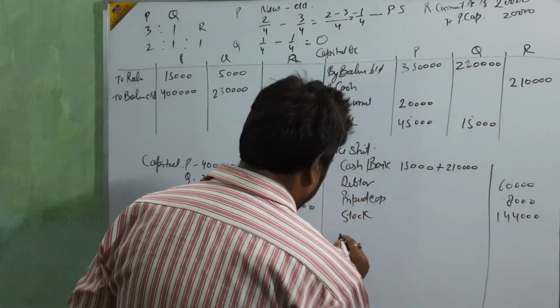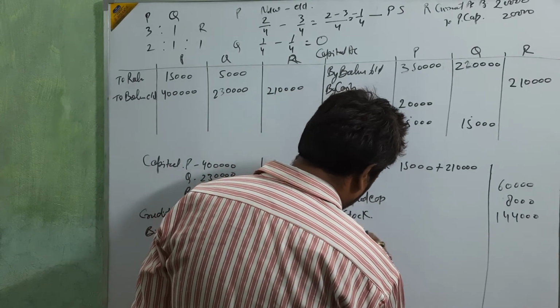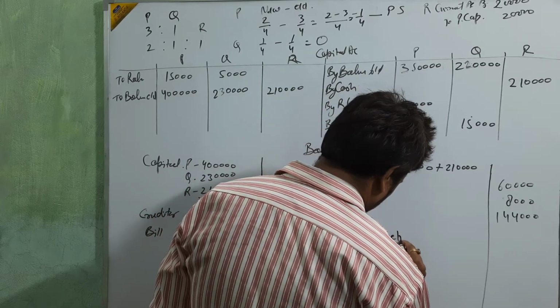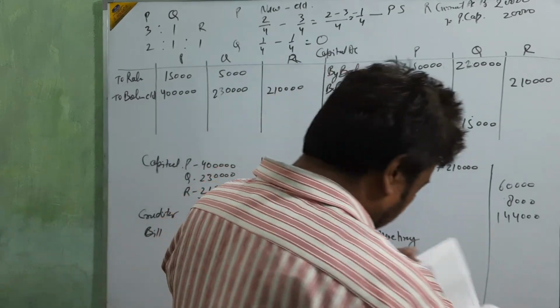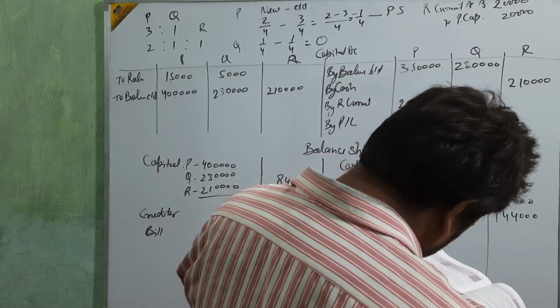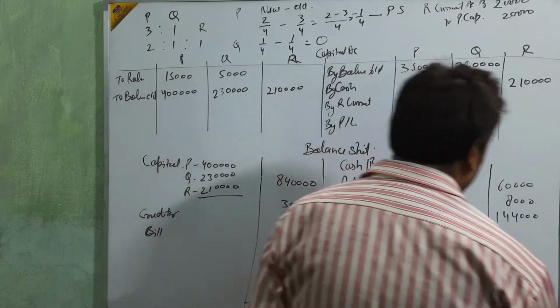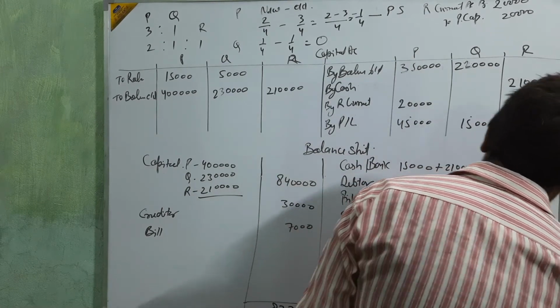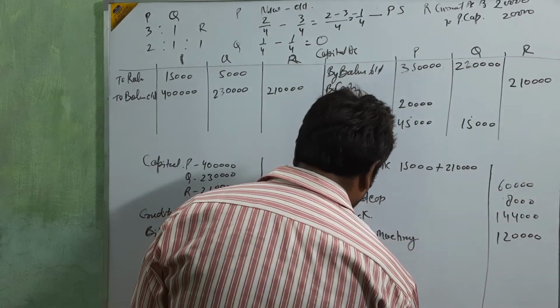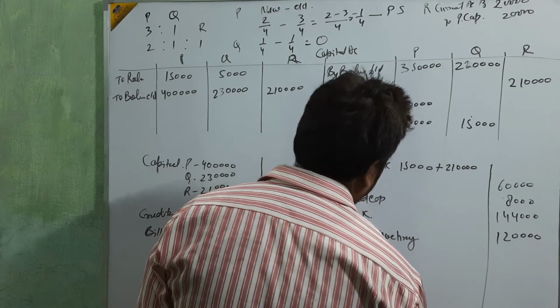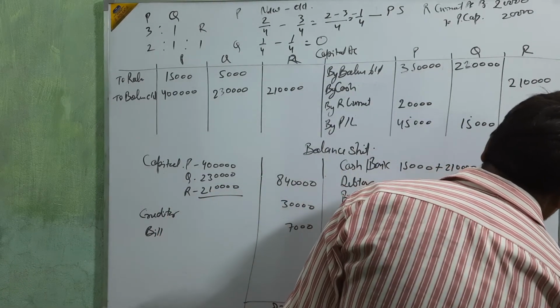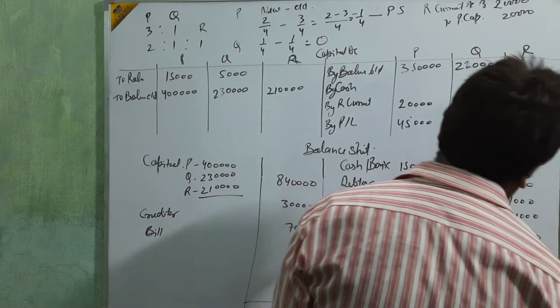Then plant and machinery. Its value is 1,40,000, 20,000 less, so 1,20,000. Then premises, 3 lakh.